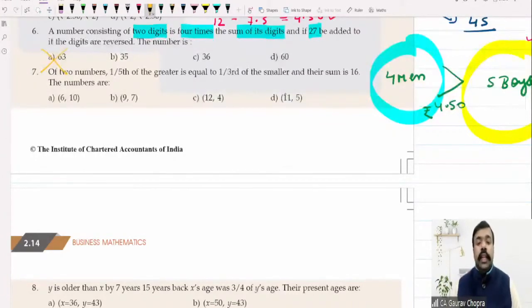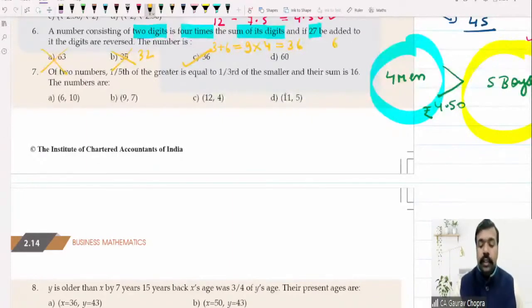3 plus 5 is 8. Now 4 times of 8 is 32 and here it is 35. Not getting matched. Third one, 36. 3 plus 6 is 9 and 4 times of 9 is 36. So this time the condition is getting verified. And if we reverse the number, it becomes 63.